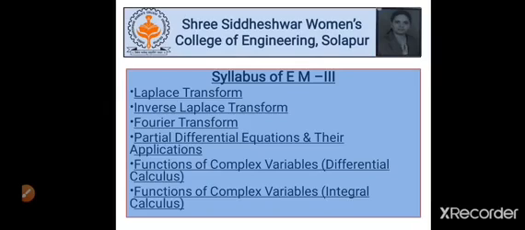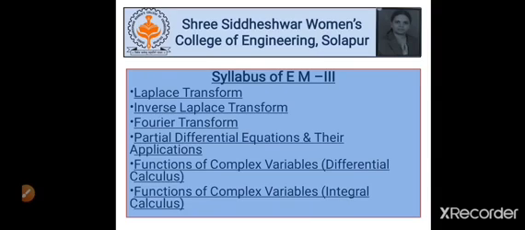So now we will go to the actual syllabus of Engineering Mathematics 3. The syllabus is divided into 6 units. First one, Laplace Transform. Second one, Inverse Laplace Transform. Then another transform, that is Fourier Transform. After this, Partial Differential Equations and their applications. Now the next 2 units are from Complex Variable.